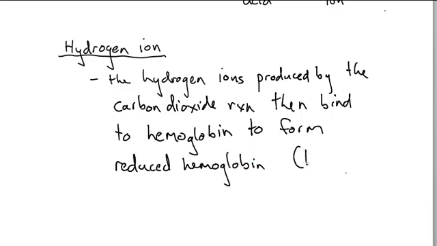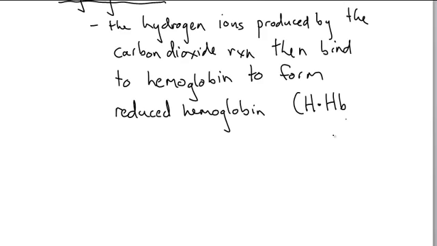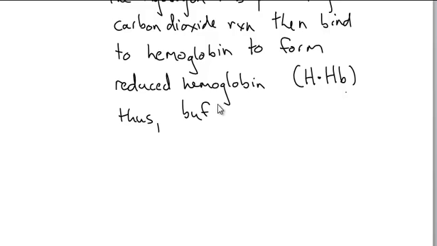Which is abbreviated with a big H for the hydrogen bonded to the Hb. I'm not sure why they put that H out in front, unlike the oxygen and the carbon dioxide, but that is convention. Thus buffering the blood from a drastic pH change. Which could then denature proteins.